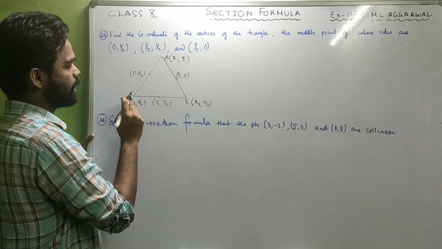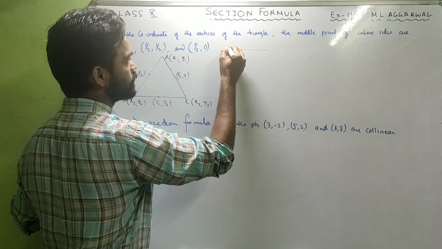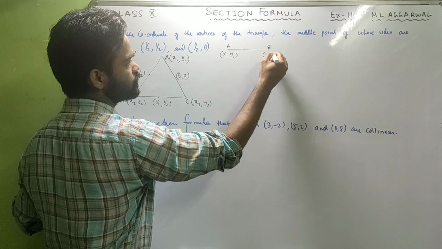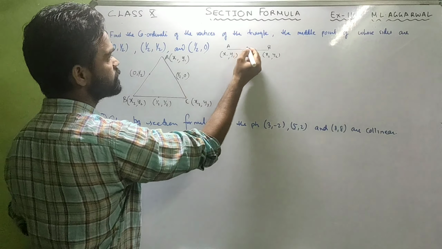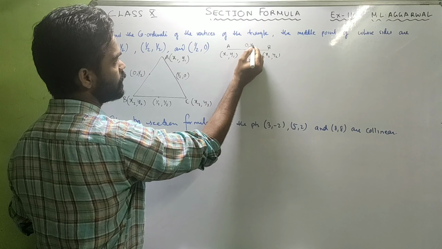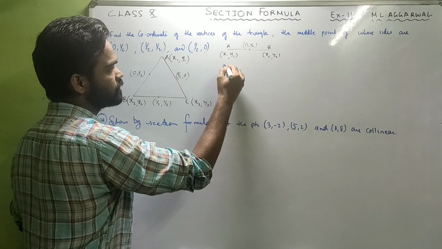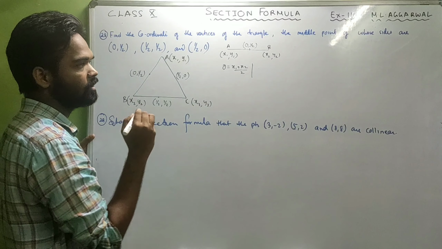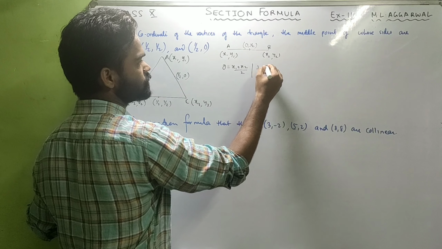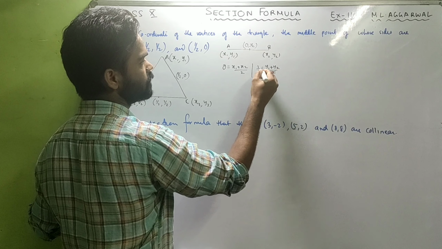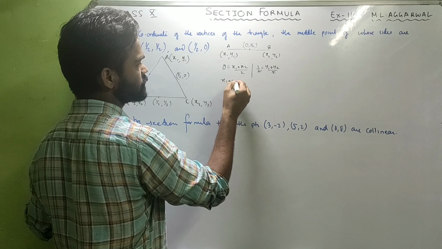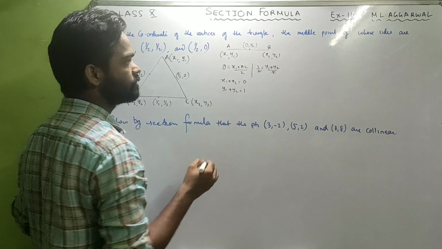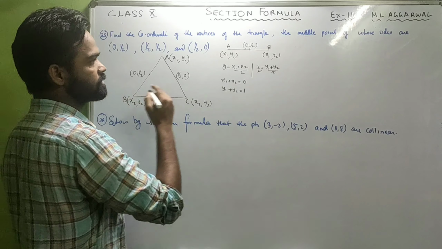Now look carefully. The line segment A, which is x1 y1, and B, which is x2 y2, and the midpoint is 0 comma half. So can I say 0 equals x1 plus x2 by 2, midpoint formula, and y equals y1 plus y2 by 2, which is we got x1 plus x2 equals 0, and y1 plus y2 equals 1. Then look at BC.